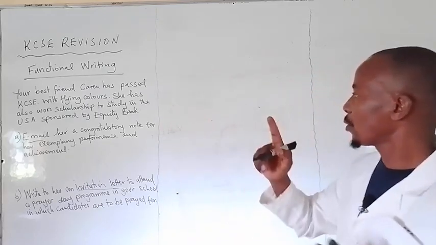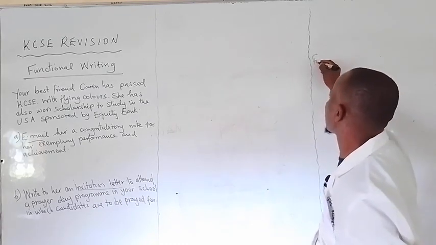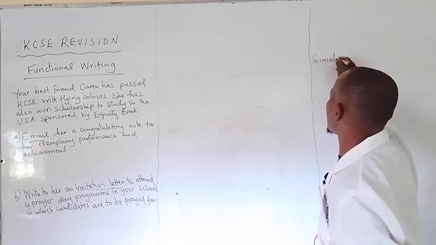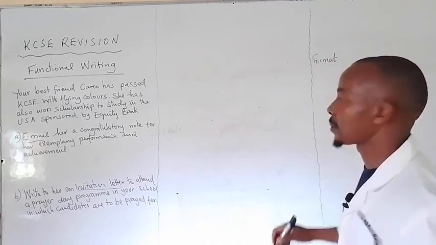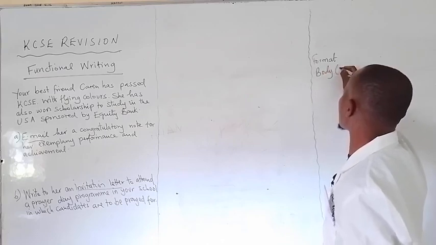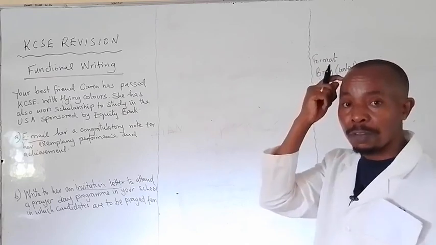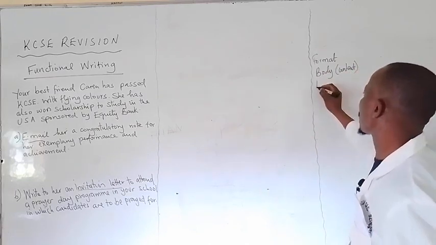One of the things that we need to be aware of is what we call the format. We have marks for the format, we have marks for the body, or at times we call it the content, and then we have the last part, which is language.